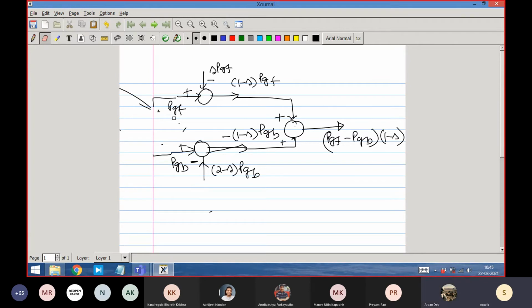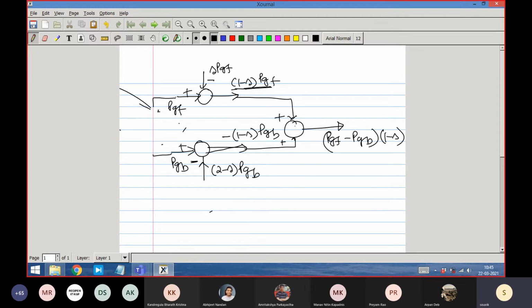In the backward part, the backward magnetic field part, the rotor copper loss is more than the backward air gap power. So the extra rotor copper loss that is dissipating is coming from the forward field. The forward field is pushing something here. That's why the forward field's power is reducing.